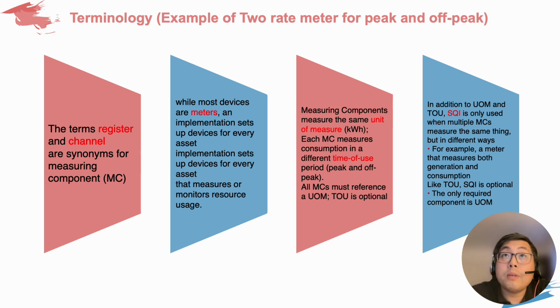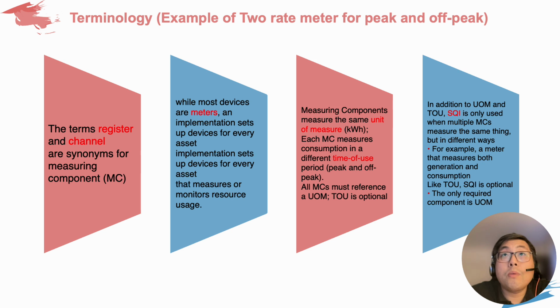A peak usage and sorry, let's say a maximum demand. Maximum demand could be different between a quarterly maximum demand, or it can be a measure for a monthly maximum demand.